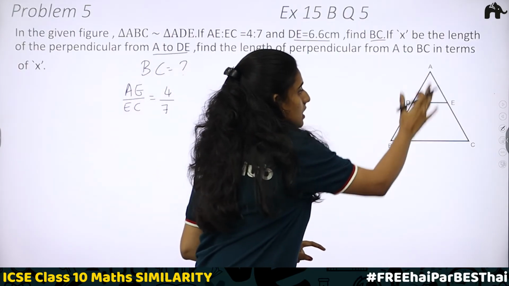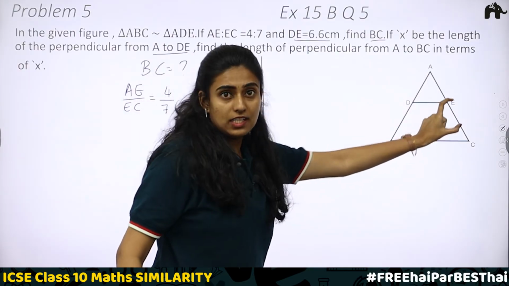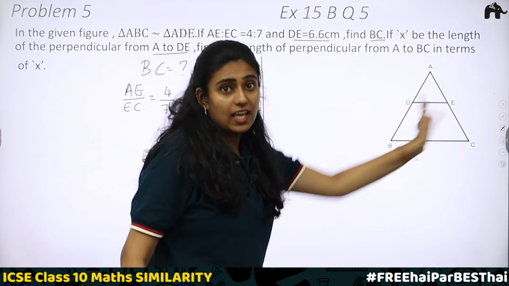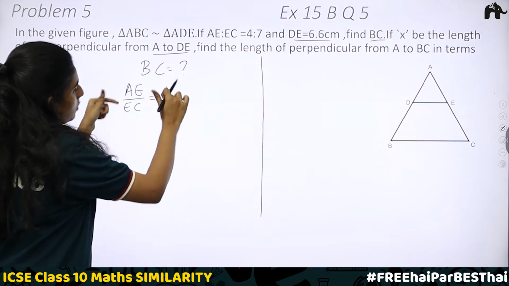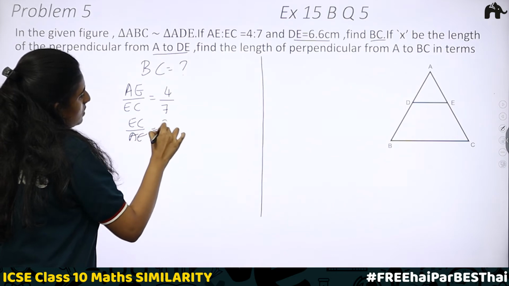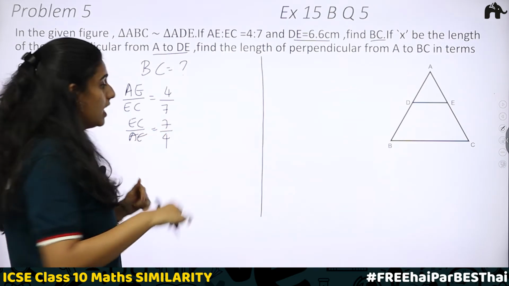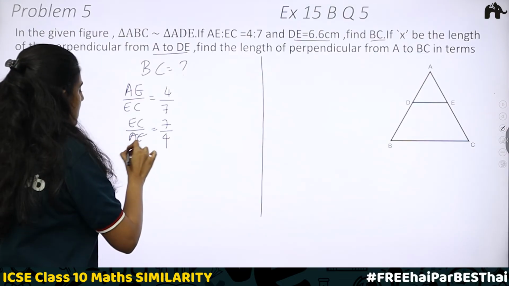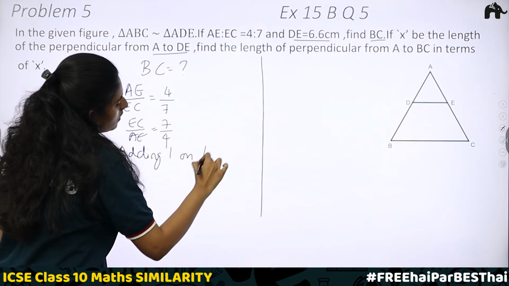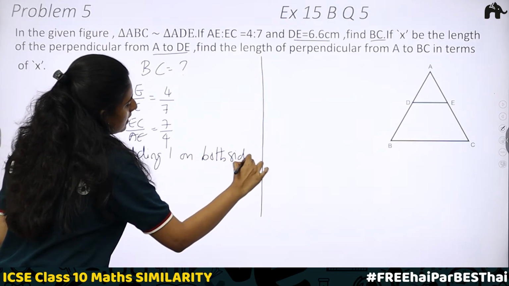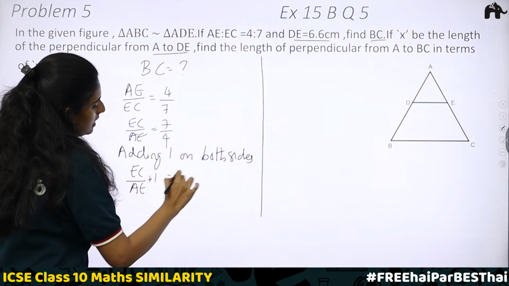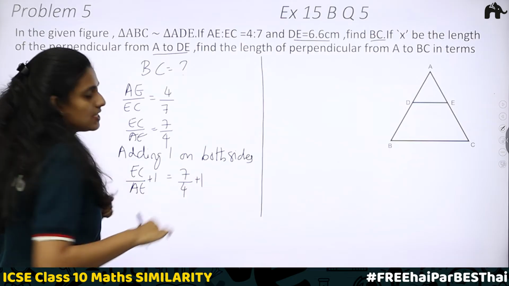Okay. When you consider these two triangles, we actually don't need EC, but we need AC. How to find AC from this? We need AE and AC. To find AC, I am going to take the reciprocal, that is EC by AE is equal to 7 by 4. Okay. Now adding 1 on both sides, we get EC by AE plus 1 is equal to 7 by 4 plus 1.